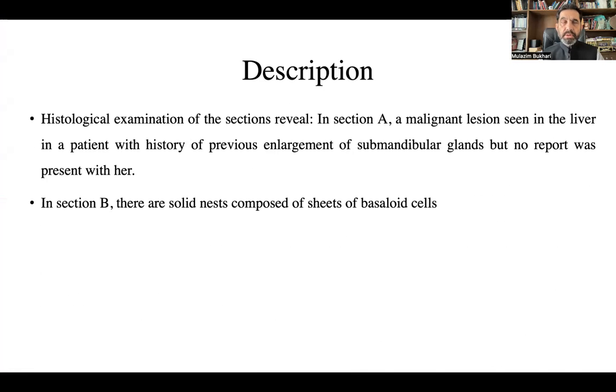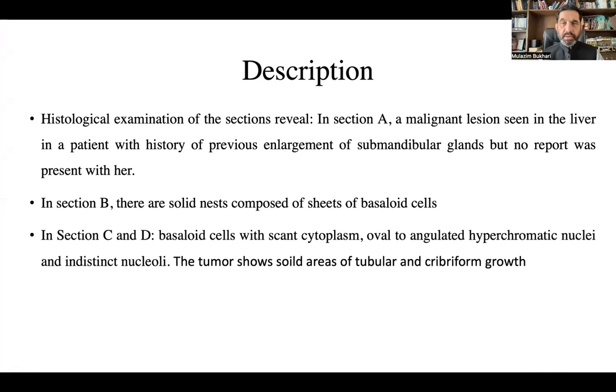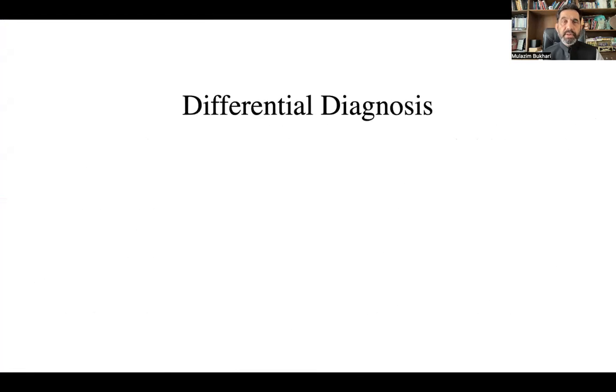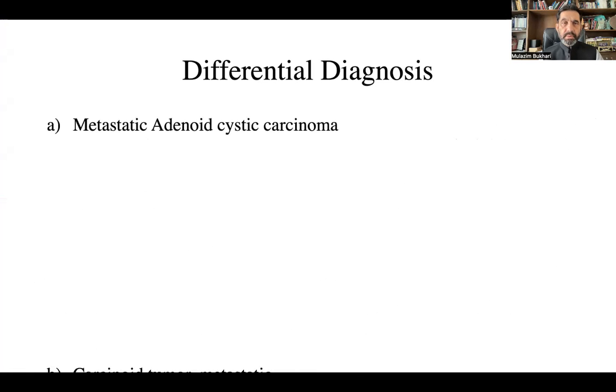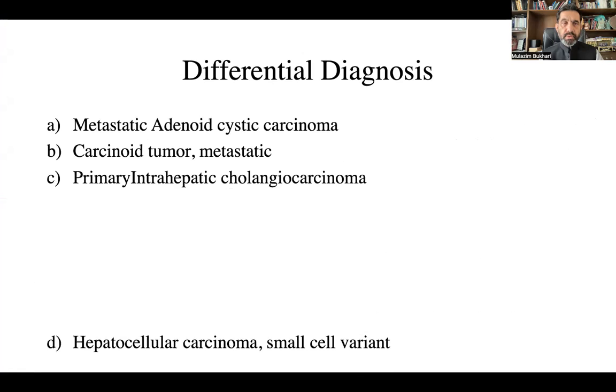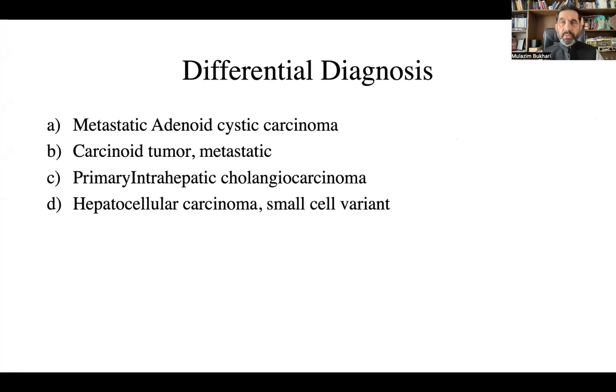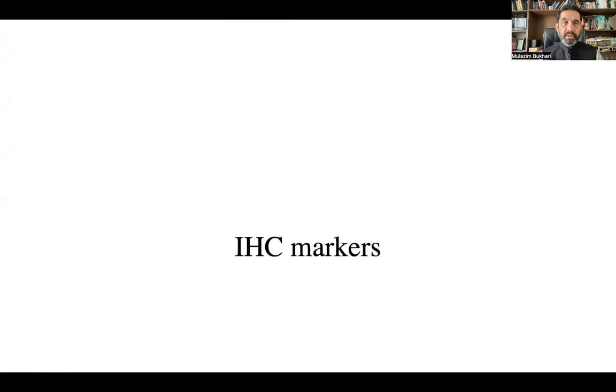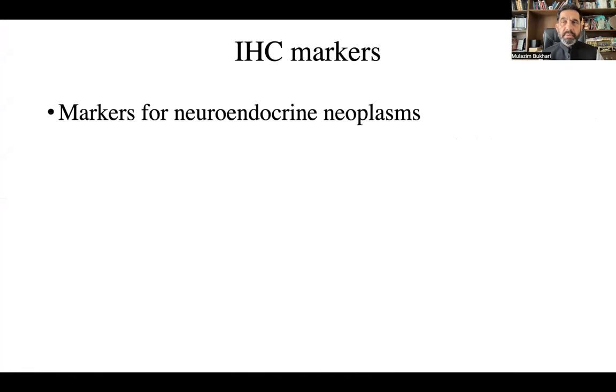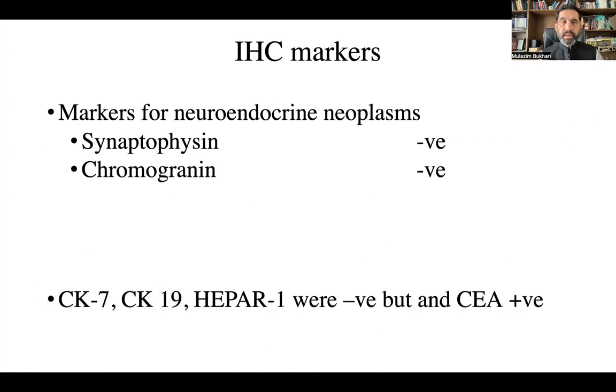The histological pictures reveal adenoid cystic carcinoma. What is adenoid cystic carcinoma? We will discuss it in detail today, but you have to exclude other possibilities when it is in the liver. In this liver, all the markers related to neuroendocrine tumors were negative.